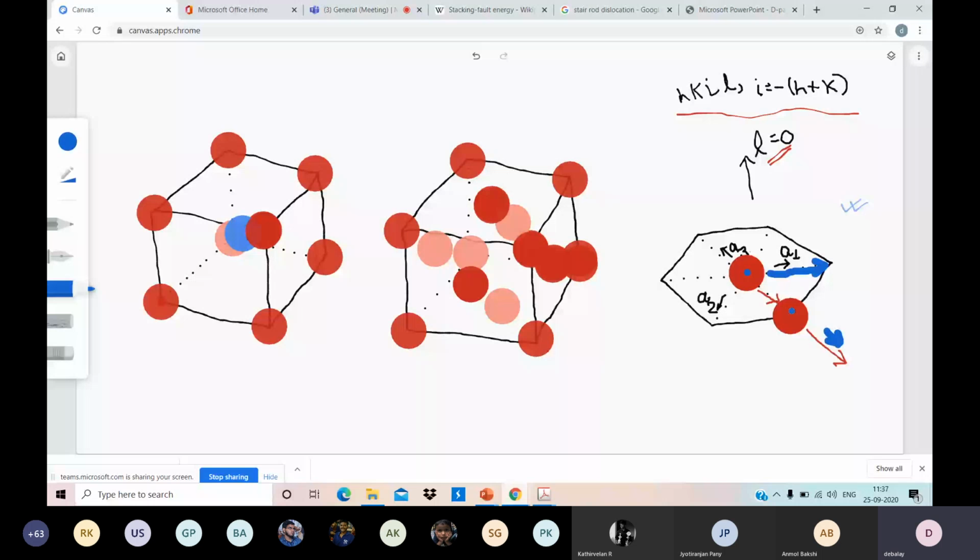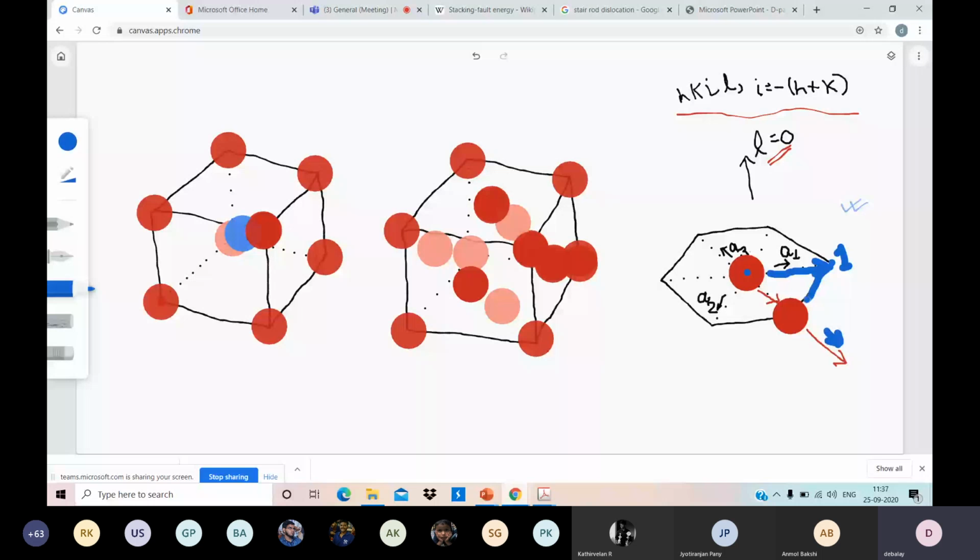Can you understand? Now I have to move one step along a2 to come here.